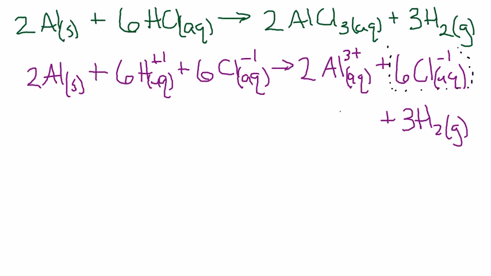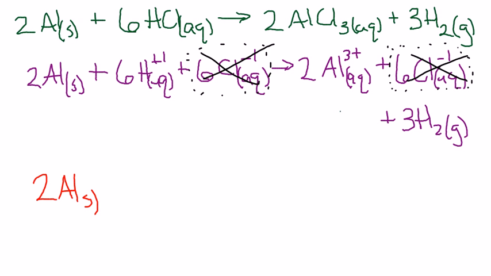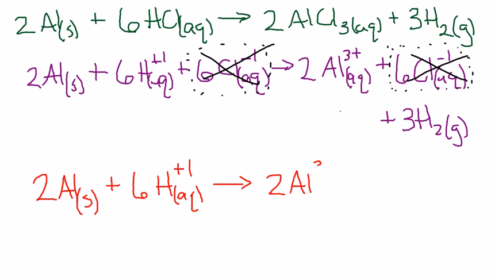If we write down our balanced equation now with just the stuff that we have left over, or our net ionic equation, we're going to have 2 aluminums solid plus 6 hydrogens, and that's plus 1 in aqueous, reacting to form 2 aluminums with a 3+ charge in solution, plus 3 H2s, and that's a gas.